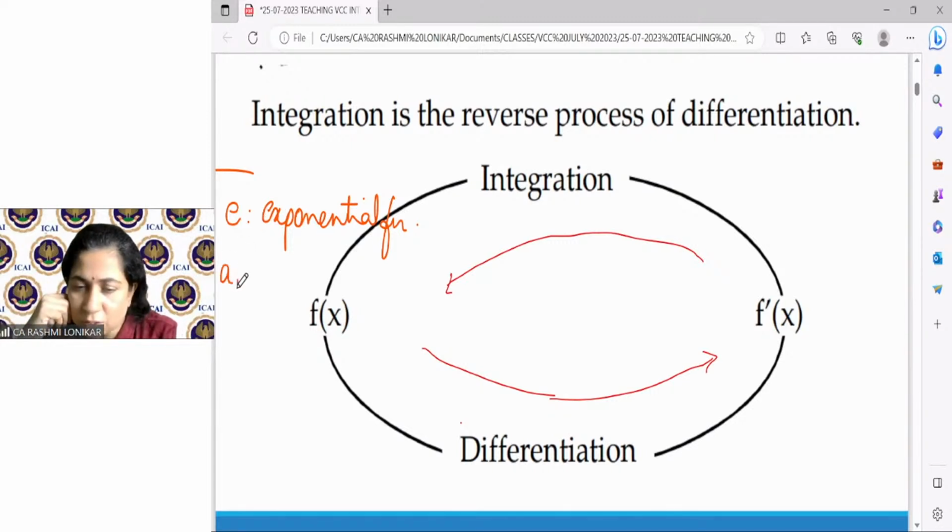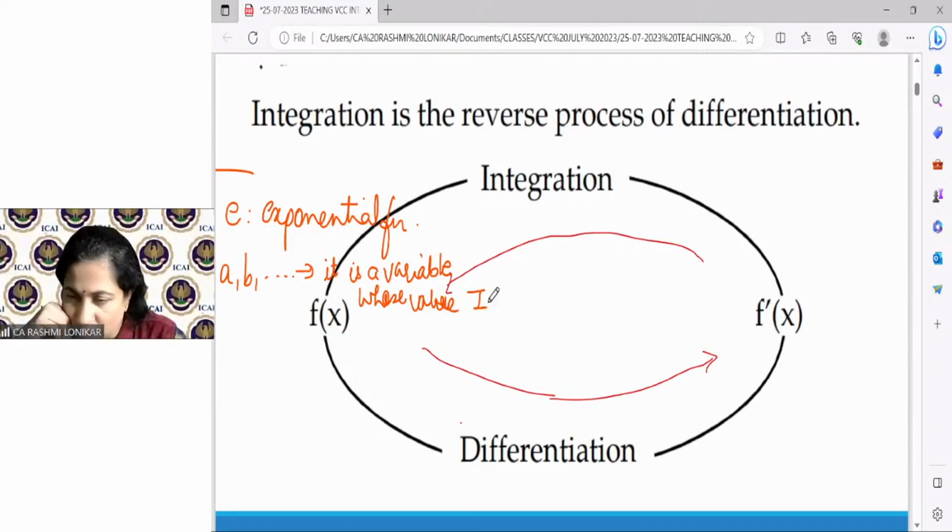When we use a, b, such letters, it simply means that it is a variable whose value I know. This is true only here, because when you have a plus b whole square, there a and b, you are going to put in values. So in integration, when I'm using a, b, like a raised to x, I will be given some value for a.